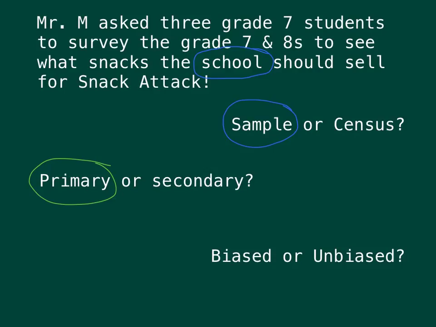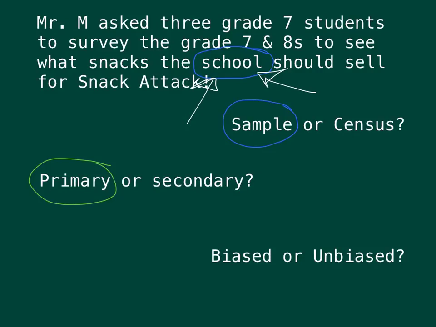And then the final question is, is it biased or unbiased? Well, I bet you grade 7s and 8s would say it's unbiased because they're asking everybody in their grade. But what they might not be thinking about is, once again, this is data that will affect the entire school. So why should the grade 7s and 8s be the only people that get to have a say in what is done for the entire school?